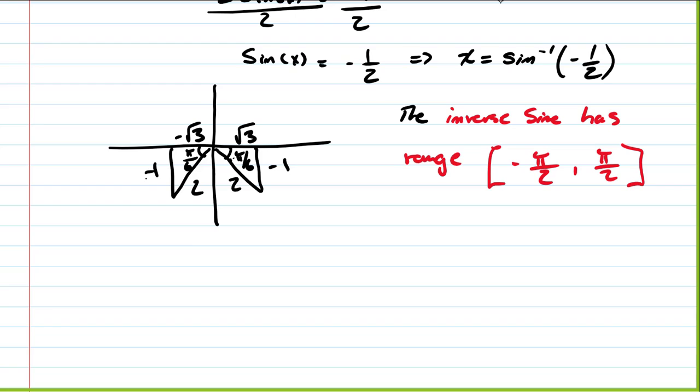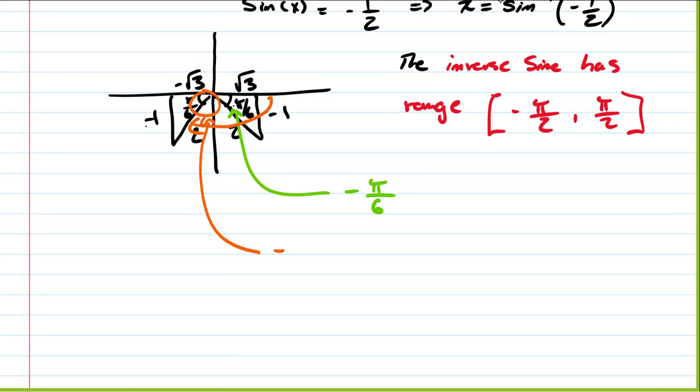So this angle right here, in this range, is negative pi over 6. We also get one angle that is not in that range, which is here. And so this angle as measured from the x-axis is going to be negative 5 pi over 6.